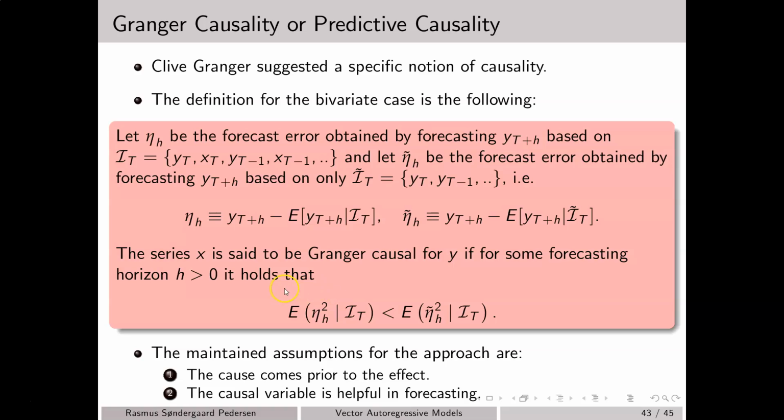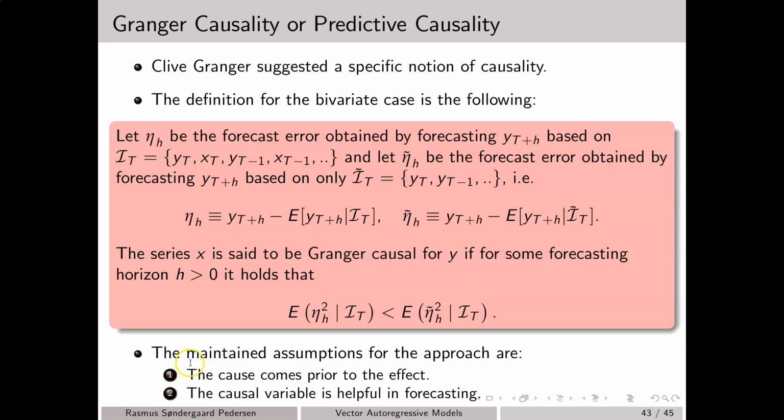So essentially, if this holds, it means that the variable x can be helpful in forecasting the y variable. If the two quantities are equal, we do not gain anything by including the x variable in our forecast of the y variable.